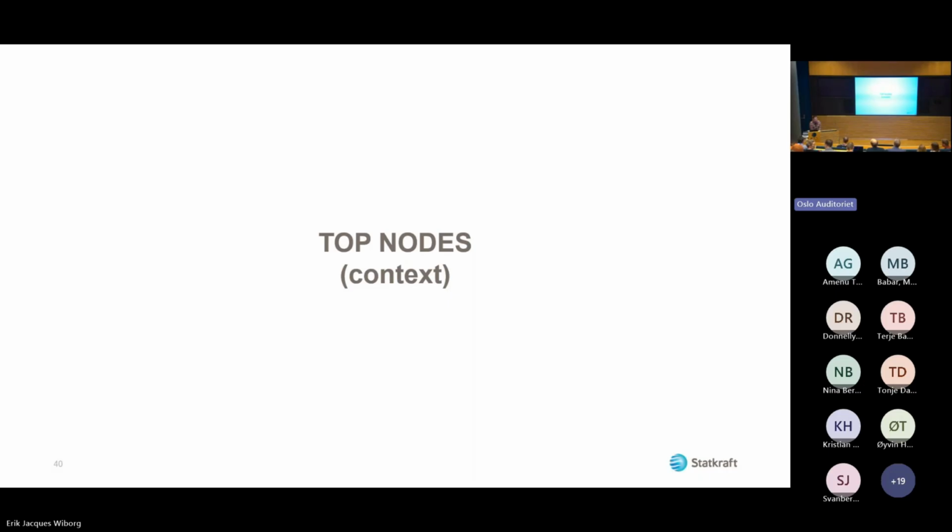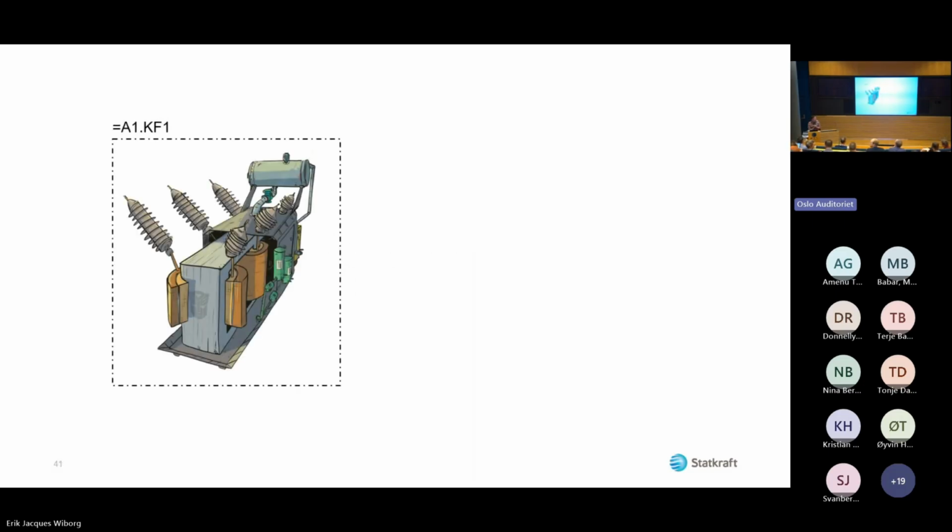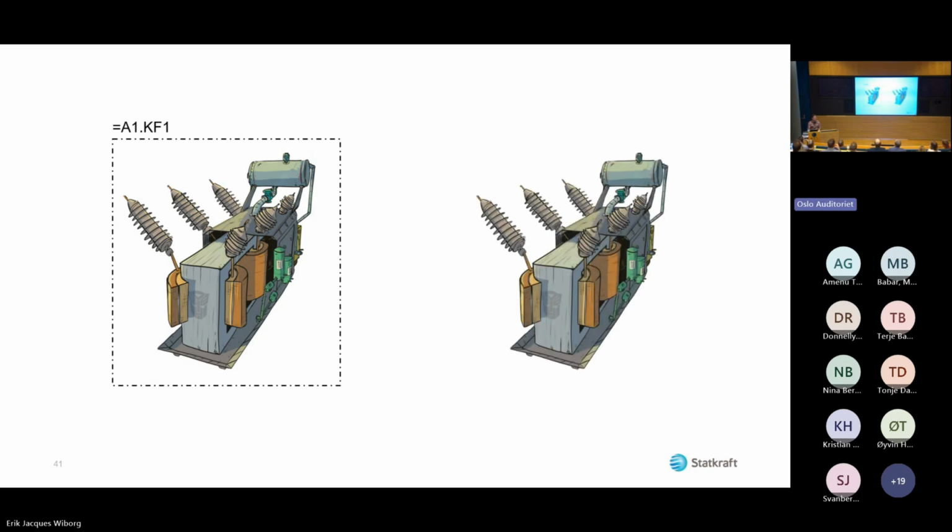I wanted to talk a little bit about top nodes. Here's the transformer, the Optimus transformer, and it has a certain designation, so we know which transformer we're talking about. But in a different substation, there is the exact same transformer, which will have the same designation.